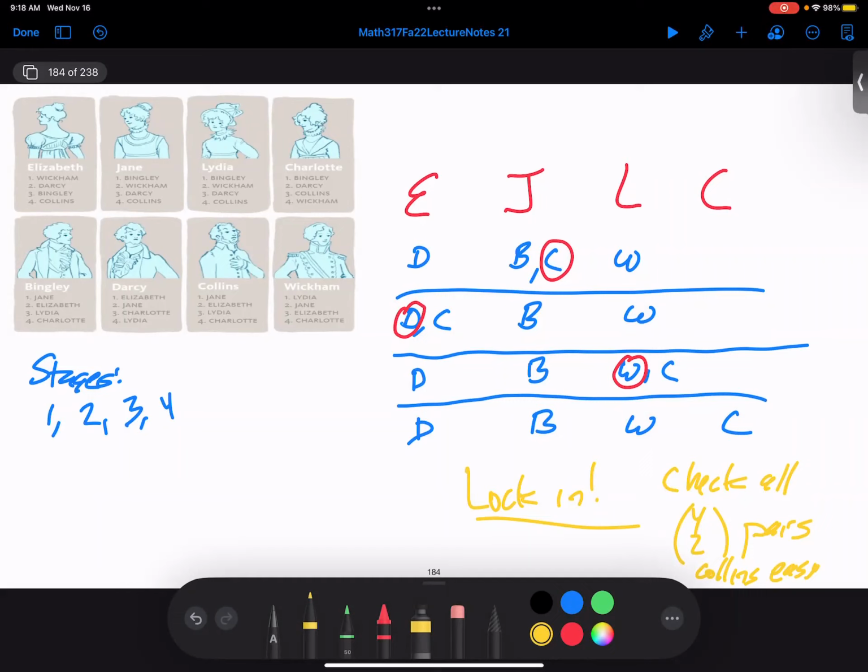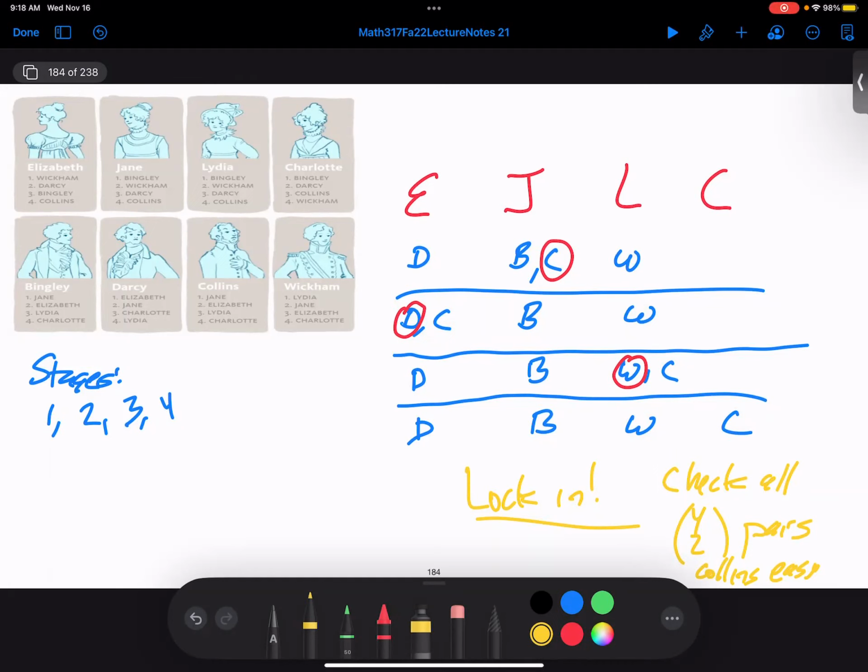Jane ended up with Bingley, that's her number 1. Is there any danger of Jane being amenable to a switch? No, because Jane has her number 1 choice, Jane has Bingley, Jane is happy. Jane is not going to be open to a switch. So I don't have to check any pair that involves Jane.